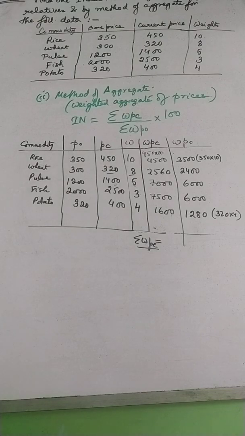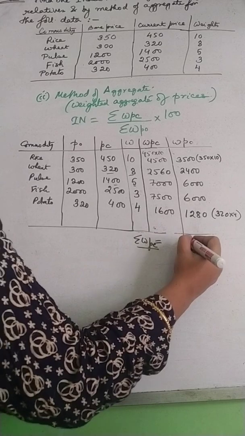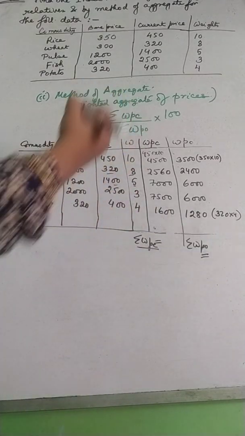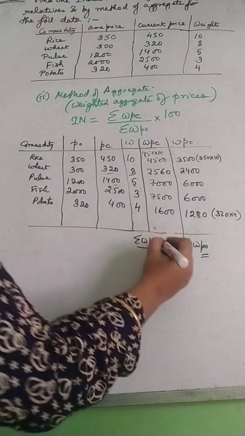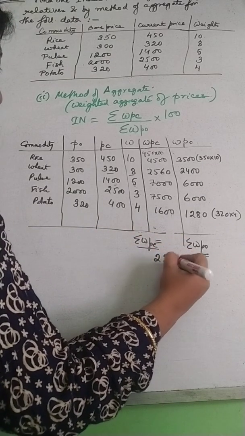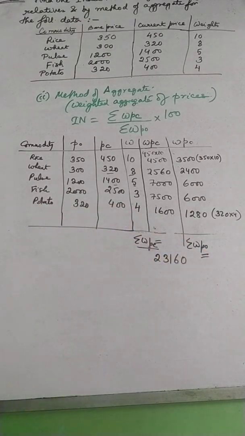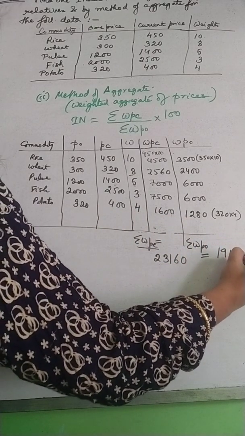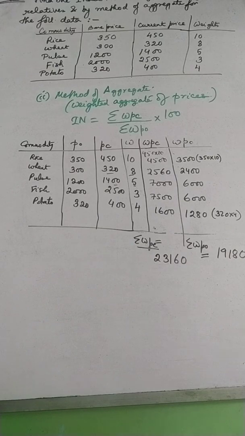So what is the summation of this? Summation of WPC will come to 23160, and summation of WP0 will come to 19180. You can check and see.